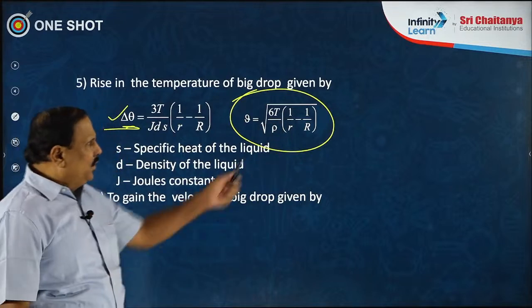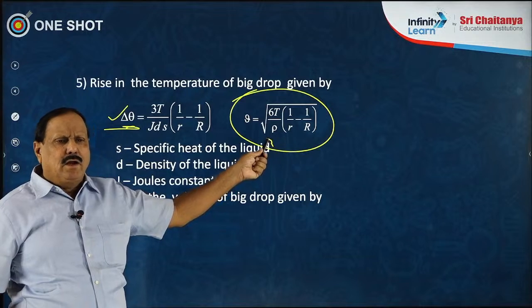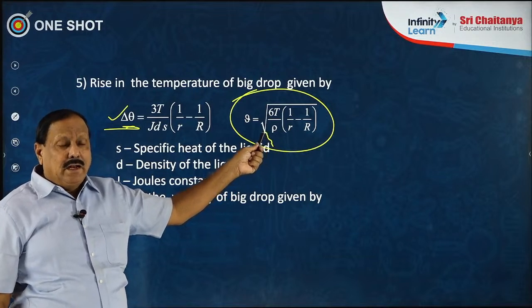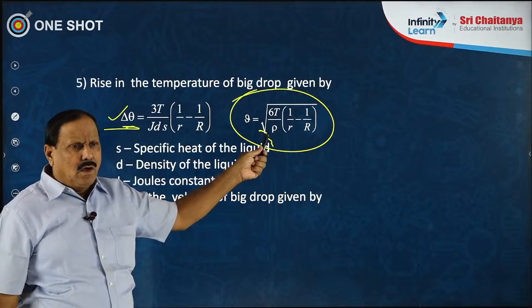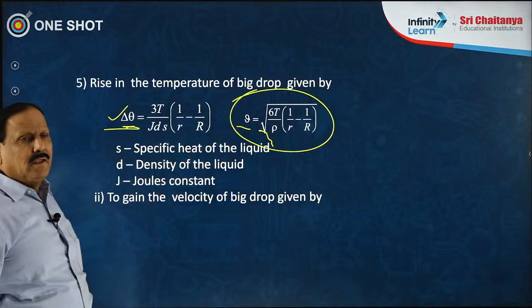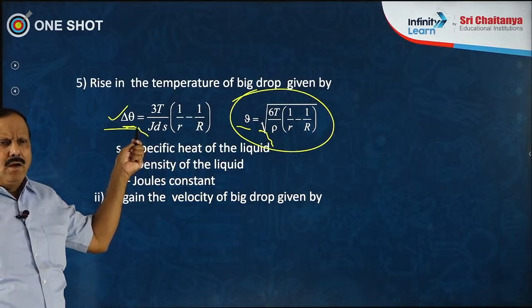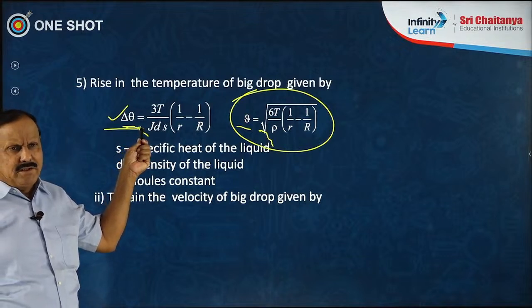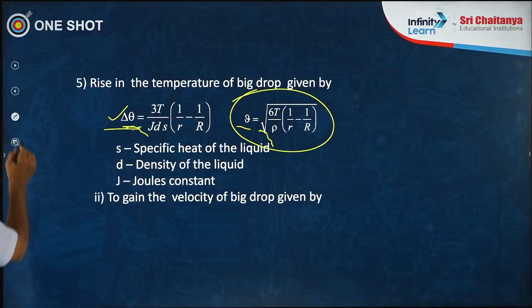Again I repeat this point: a drop is split into n droplets, and the energy of splitting is used to project the drop with some velocity. What is that velocity? Similarly, a single drop is split into n droplets. What is the rise in temperature? This is the formula. These two formulae we directly have to remember.